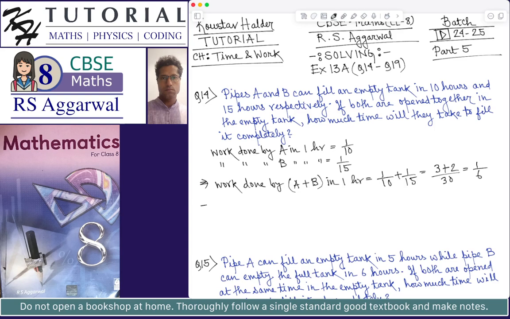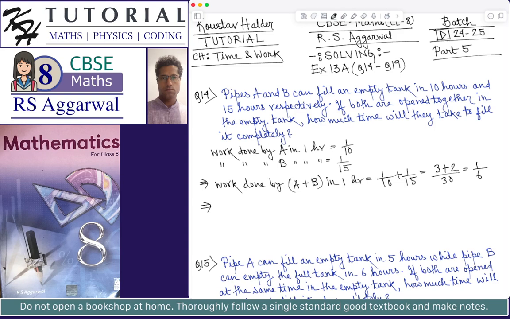Now, if you know that the work done in 1 hour is 1 by n, where n is positive, then we can say that in n hours the whole tank will be filled. Since in this case 1 by 6 is positive, it means that 1/6 part of the tank is being filled in 1 hour when both the pipes A and B are working together.